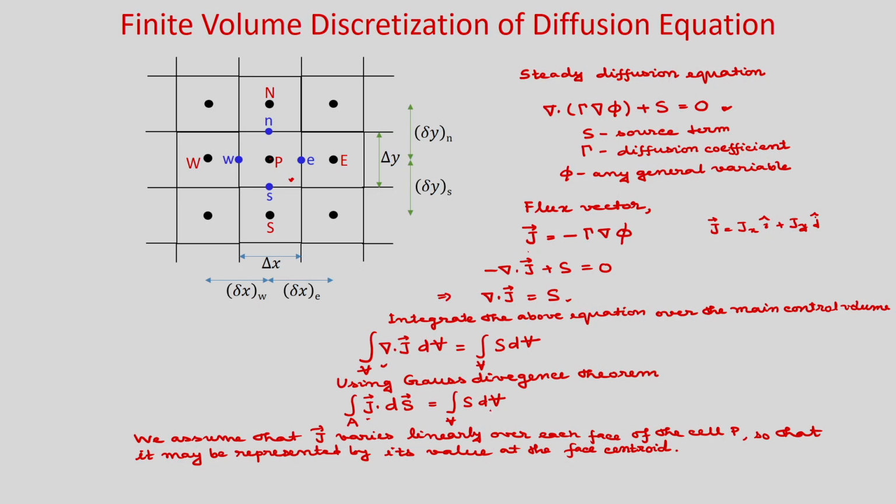Okay. And for this source term also we will take the mean value, and we will assume that the mean value of this source term S over the control volume is S bar. Okay. So, obviously you can see that if we are taking the mean value at the cell center for this volume integral and the face center for this surface integral, so both will give the second order accuracy.